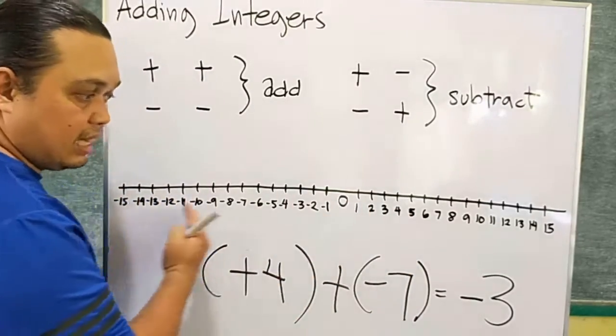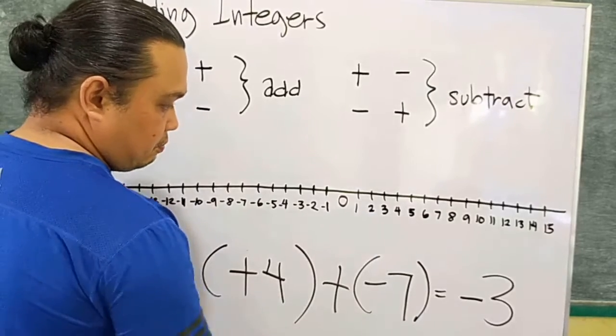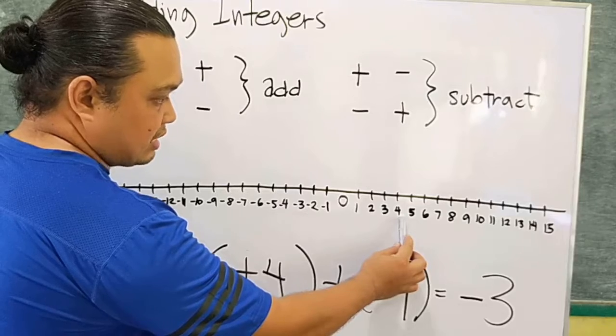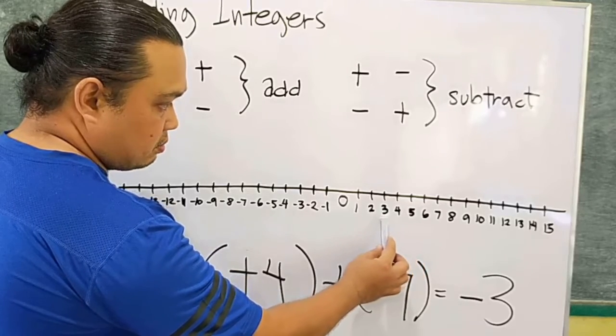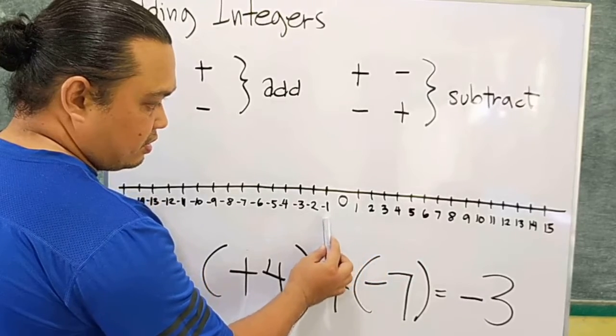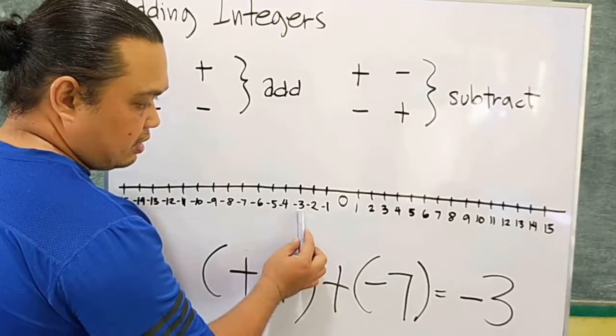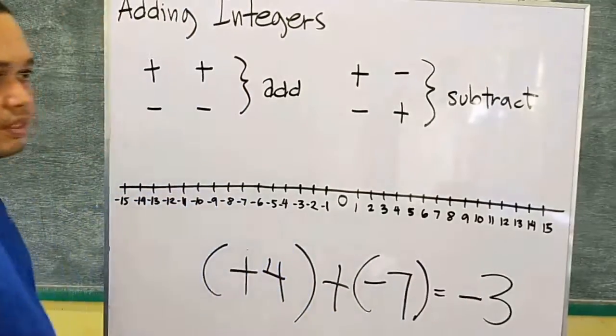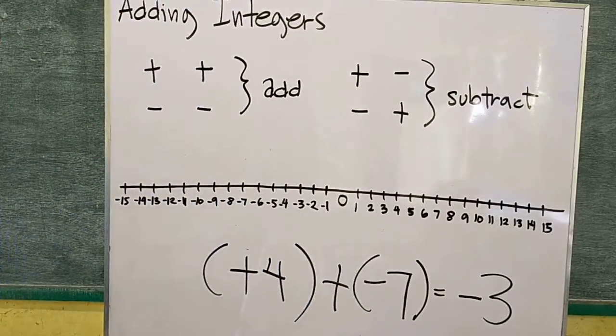So let's move that from 4. 1, 2, 3, 4, 5, 6, 7. And we have here negative 3. Okay? That's how we add unlike integers.